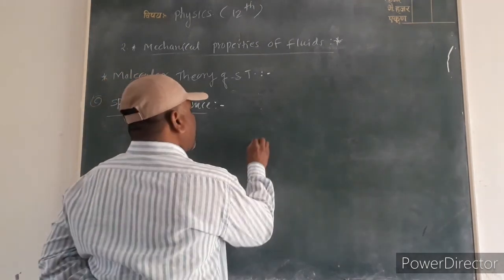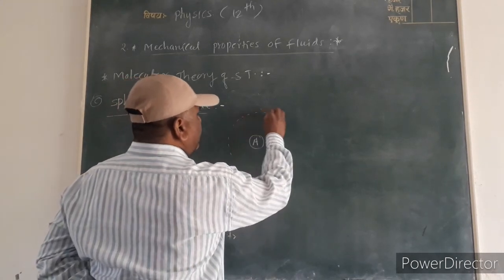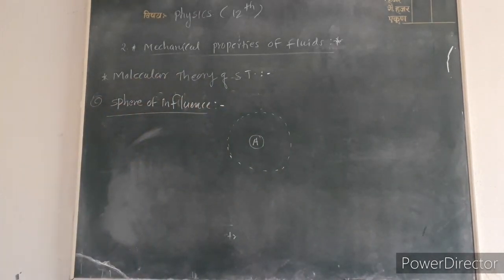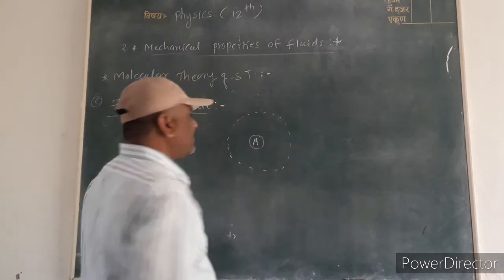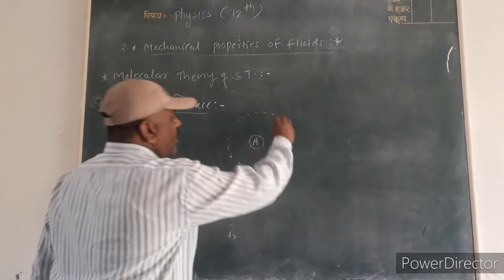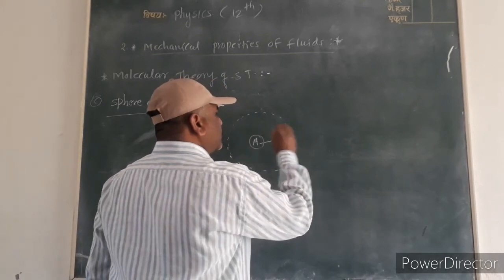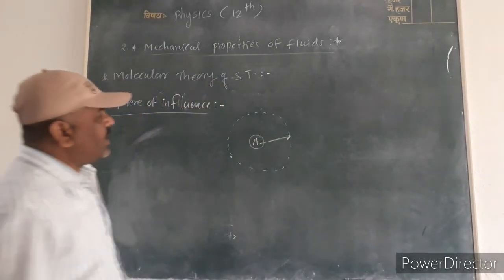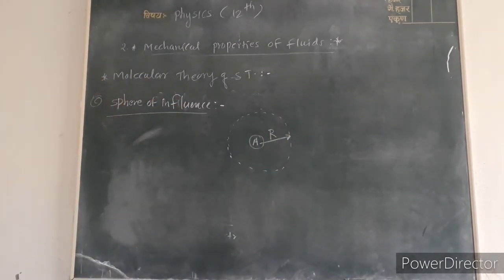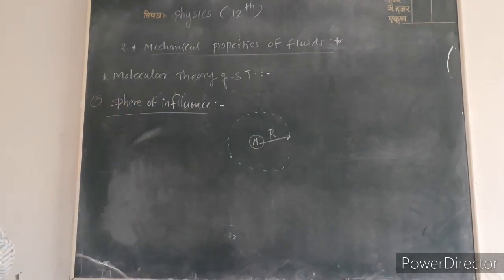Suppose we consider molecule A and draw an imaginary sphere around this molecule A. We consider the molecule A as a center and draw an imaginary sphere, and the radius of that imaginary sphere is R, called range of molecular force. Then that sphere is called sphere of influence.